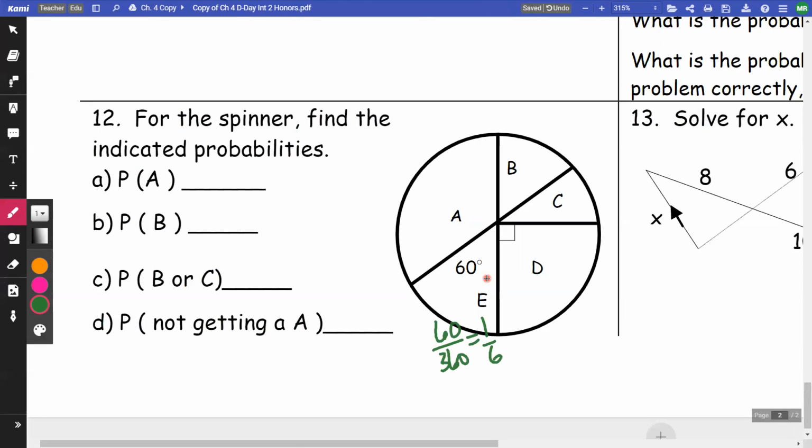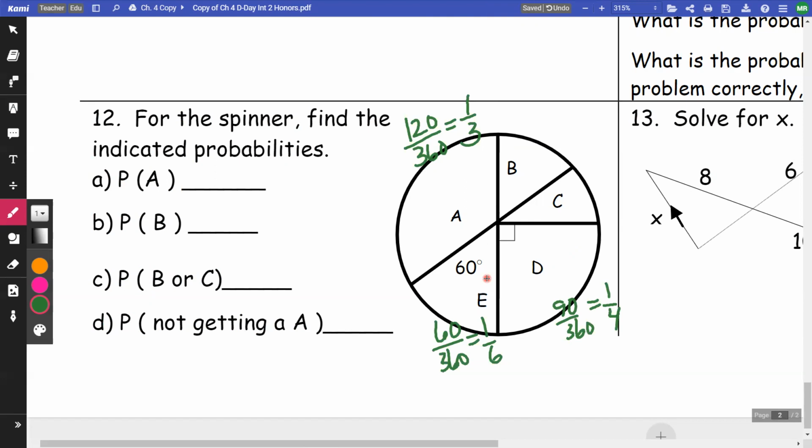This is going to be 120 out of 360, or if we reduce it, that is going to be 12 over 36, which is going to be 1/3, or 2/6 if you want to think of it in sixths. For D, this is going to be 90 out of 360, or 1/4.